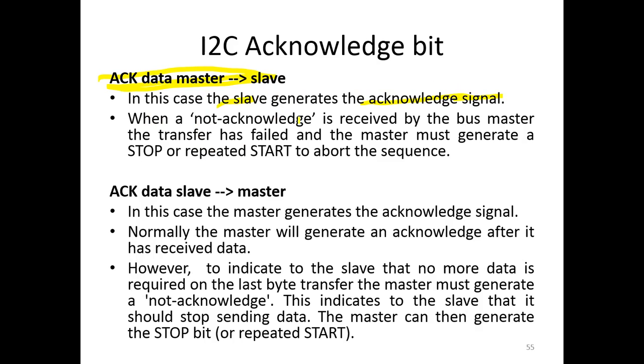When a not acknowledged is received by the bus, the master stops the transfer. The transfer has failed. So the master must generate the stop condition or repeated start to abort the sequence, and then the master can start sending the data again. Now, if the slave is sending the data to the master, in that case, the master has to generate the acknowledgement bit.